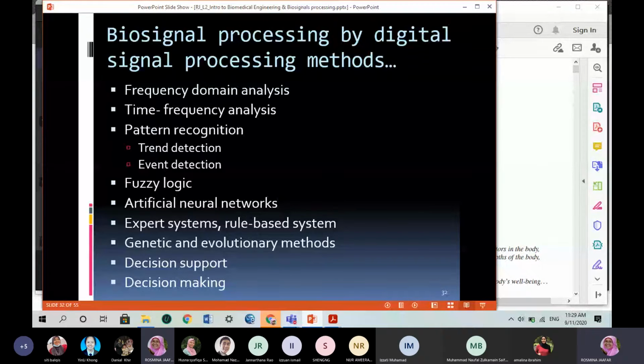Okay. For using the fuzzy logic and artificial neural network (ANN), you can produce your own expert systems. In the expert system, you can generate your own rule-based system. These all depend on the collection of data. So to produce an expert system, you need to have reference signals.